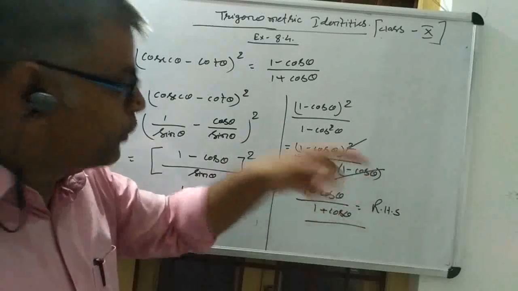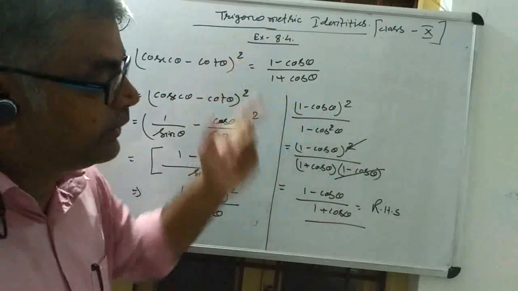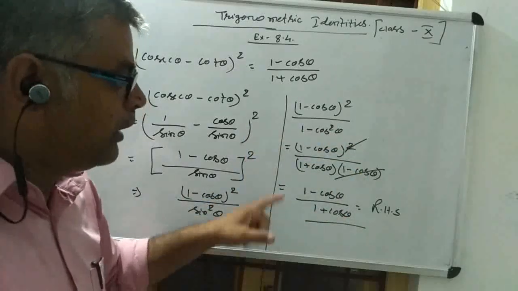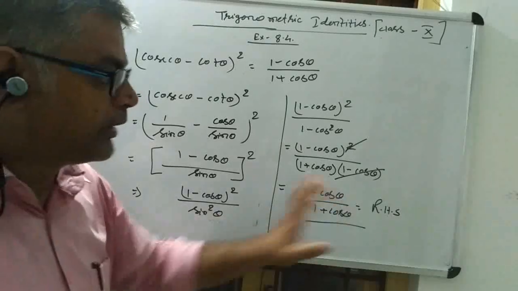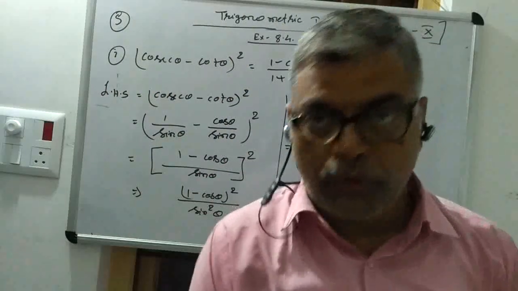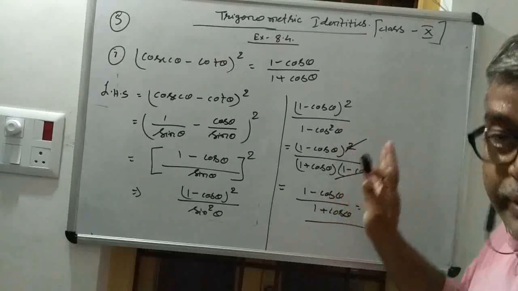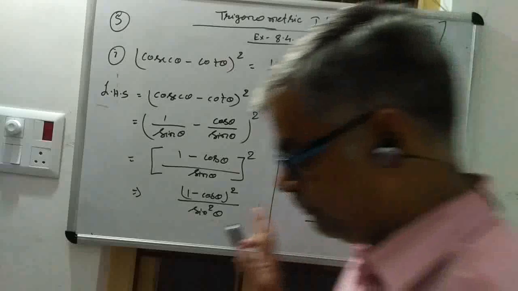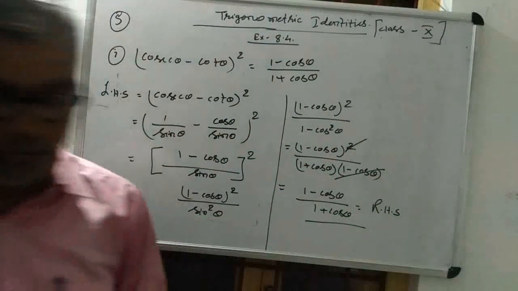Now one term 1 minus cos theta in the denominator and 1 minus cos theta whole square in the numerator, so one term from both sides gets cancelled, and finally we are left with 1 minus cos theta by 1 plus cos theta, which is our required RHS. I hope all of you have understood the solution of this identity. So students, you should write it down. All of you note the proof of this identity.